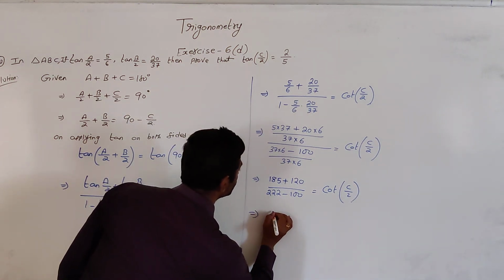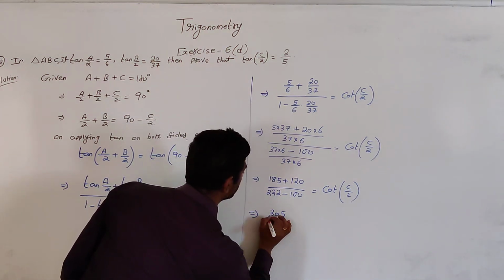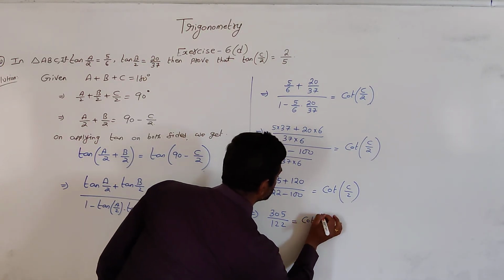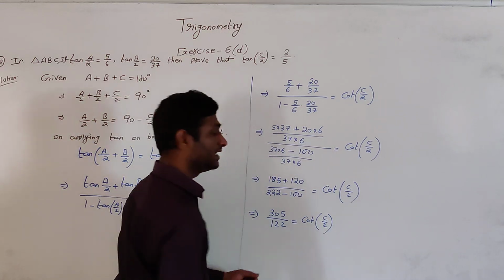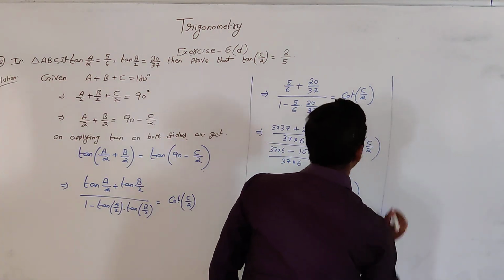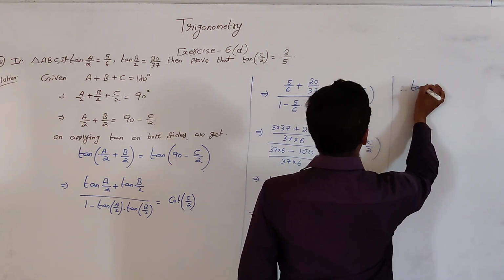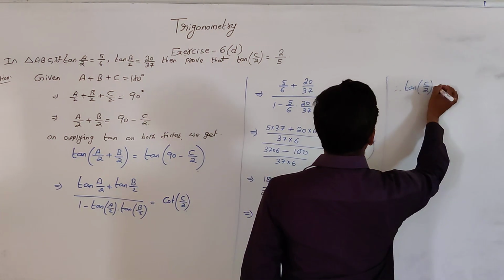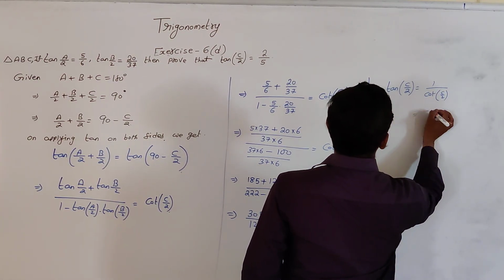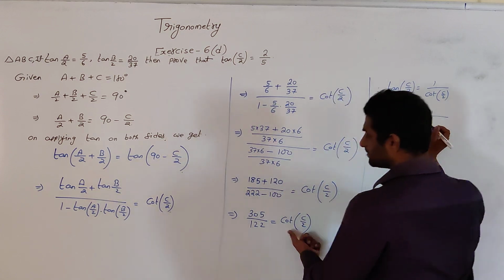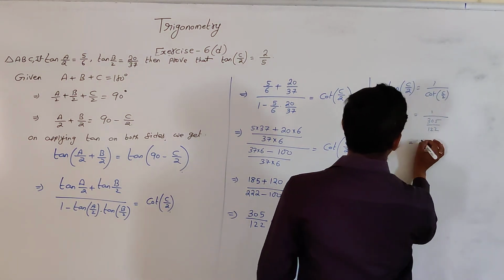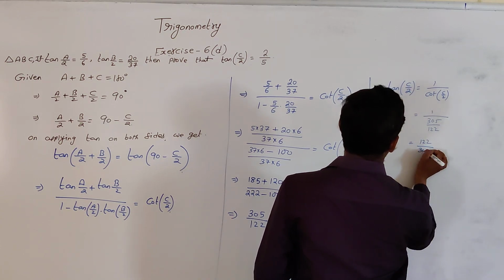So this gives 305 by 122 is equal to cot of C by 2. But we require tan of C by 2, means it is a reciprocal. So therefore, tan of C by 2 is equal to 1 by cot of C by 2, which is 122 by 305.